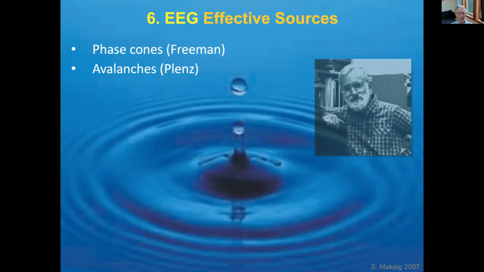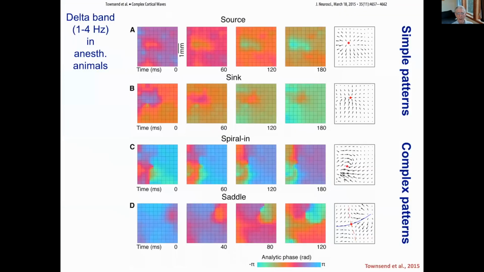Plenz later looked at avalanche events, sort of single events where potential spread through the cortex, and has shown that they occur in brains of animals, and claims in humans as well. Here's a study from Townsend 2015 where they used, I think it was anesthetized rats. So the rats only showed very low frequency EEG because of the heavy anesthesia.